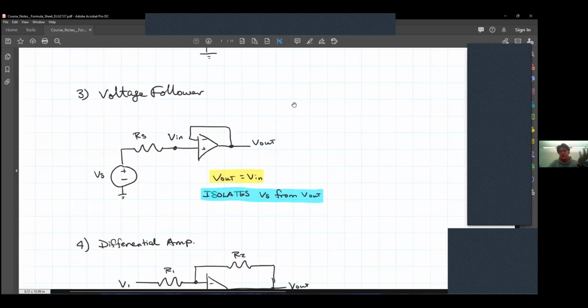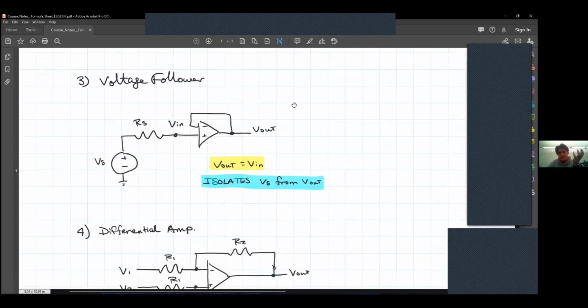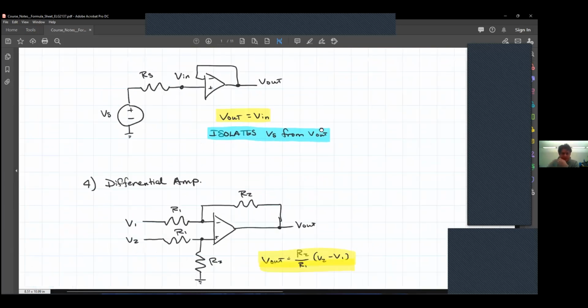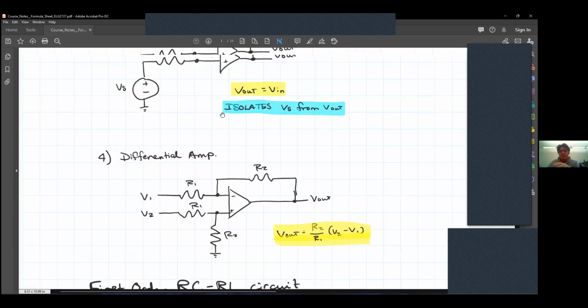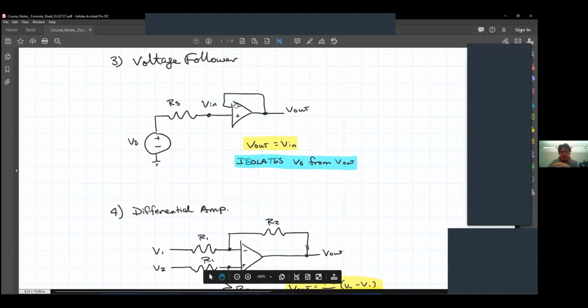You can have the voltage follower, a very, very important circuit. It isolates your source or your signal from your output. This can be really important if you're dealing with high current loads or sensitive equipment. You can see that the output is 1-to-1 with the input, but there's no closed connection.